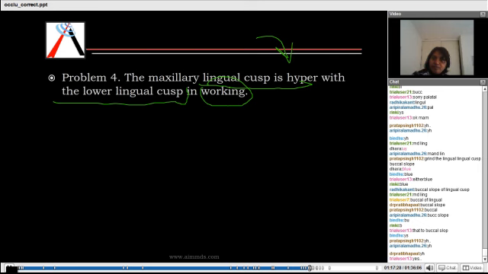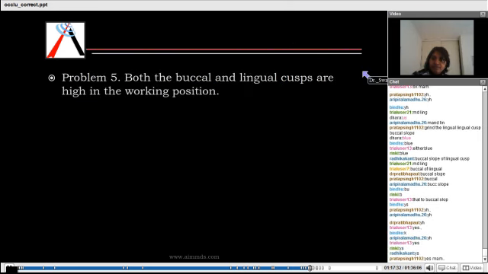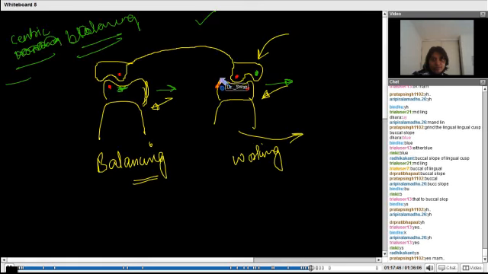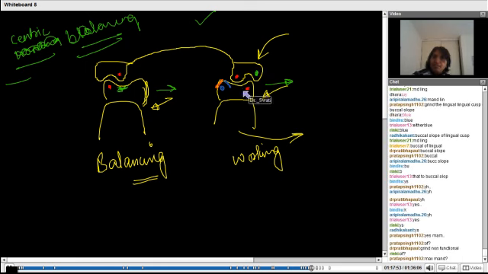All clear till now? Yes. Now look at this. Both the buccal and lingual cusps are high in working position. See, both the buccal and lingual are high. Listen, you don't need that information.